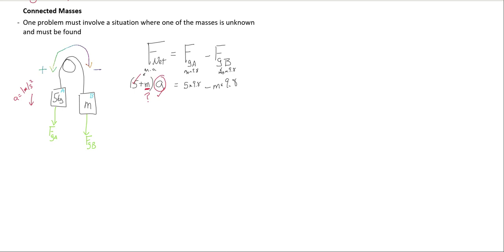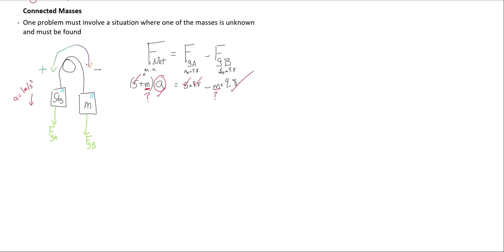So we know we're going to need to include A. Now let's look at the rest. 5, yep, we got it. 9.8, we got it. M, note this M is the same mass that we're looking for. It might be in two places, but that's just the challenge of this problem. So that's fine. And 9.8. There we go.